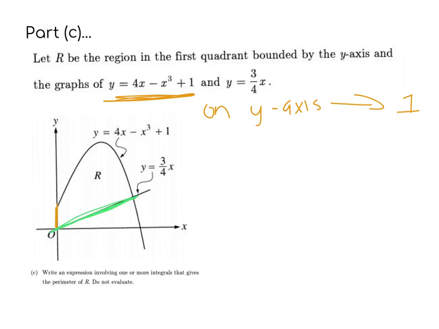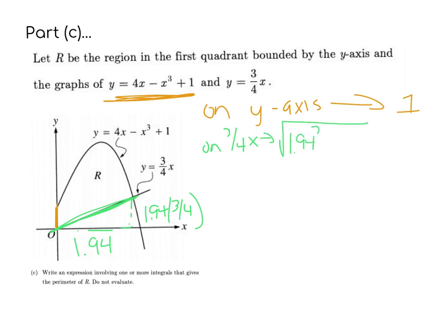Maybe the next easiest distance is this one. I could use calculus, we'll show that in a minute, but I could also just use geometry. I know this is 1.94, and this is 1.94 times 3/4. So if I just do the Pythagorean theorem, on 3/4 x, we're going to get the square root of 1.94 squared plus 1.94 times 3/4 squared.